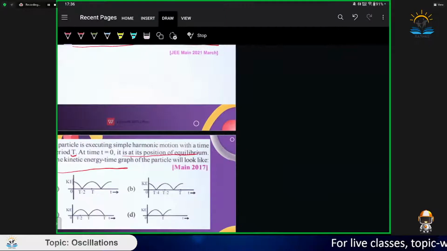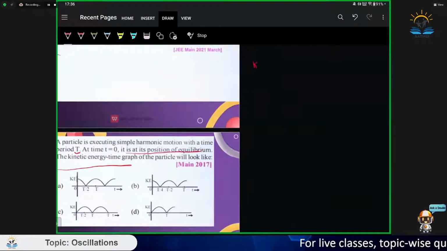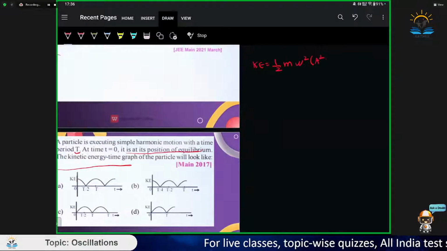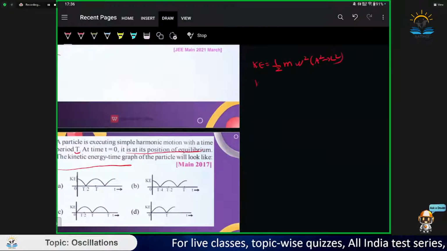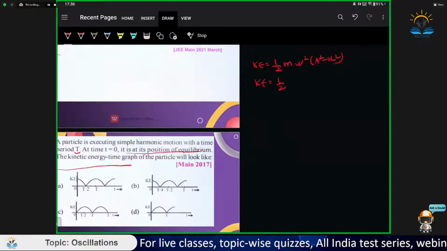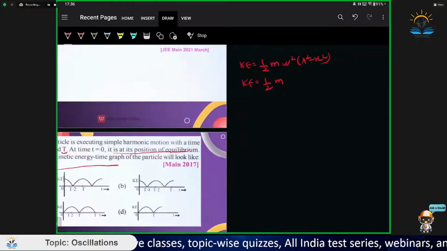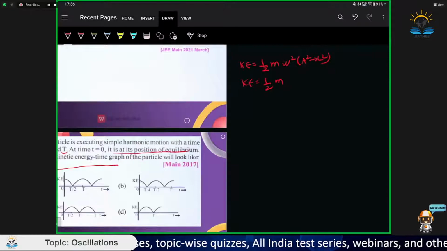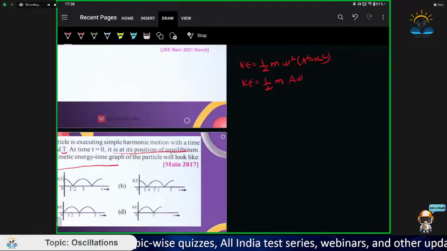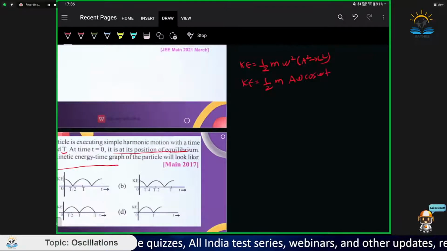What is the equation of kinetic energy? The kinetic energy equation is half m omega square into a square minus x square. So this is the first equation. And we have half m into v square, right? What is v? V is a omega cos omega t.